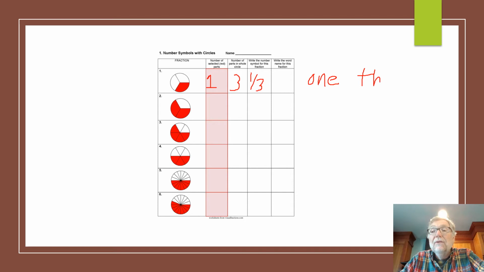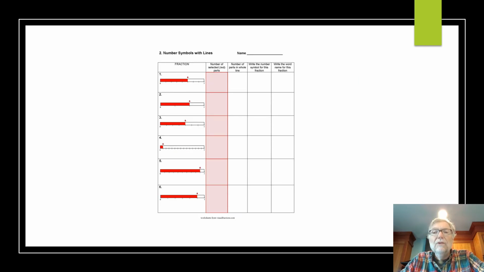Now the great thing that you'll be able to do is do it in the fillable PDF, so it'll look much neater because it's a little more tricky writing in the pen feature. This one happens to be a number line. So if we take a look at the number line, it's the same thing. Number of selected red parts.